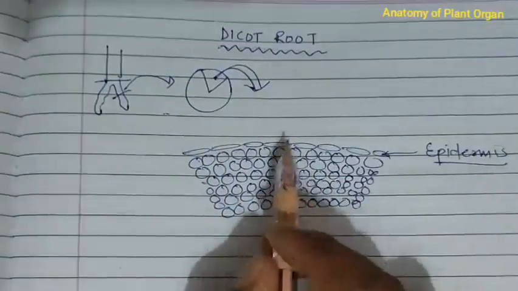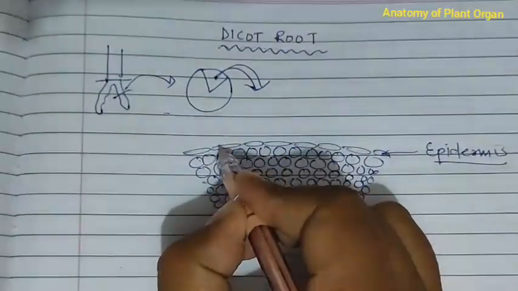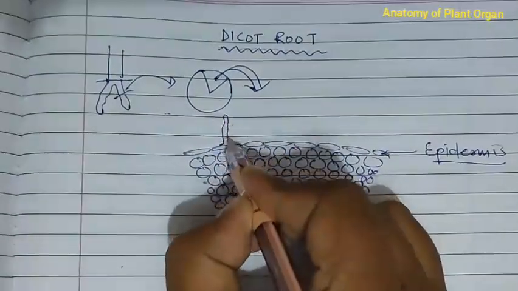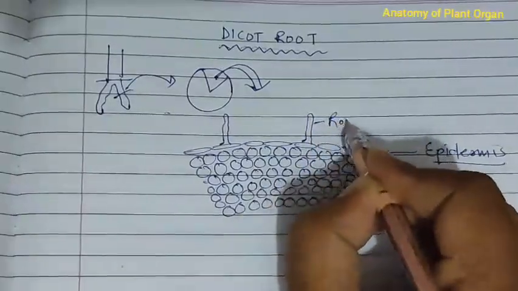Now this is the epidermis of root, so over the root there is an absence of cuticle, but the root hairs are present. So you can see here there is a presence of root hair.